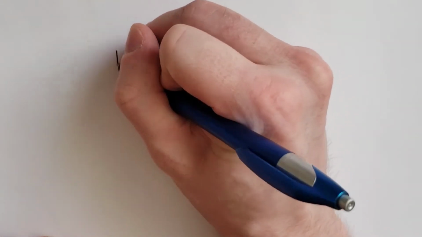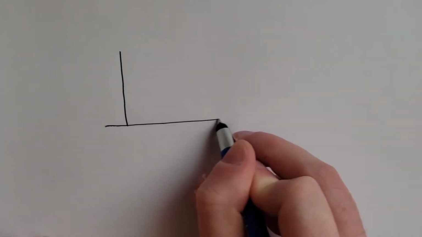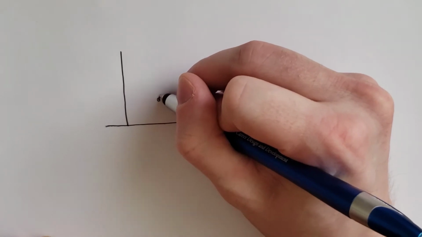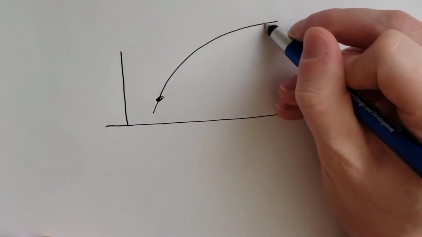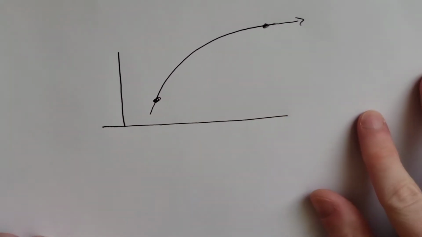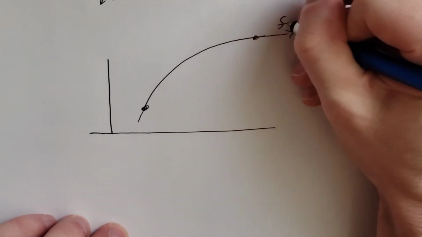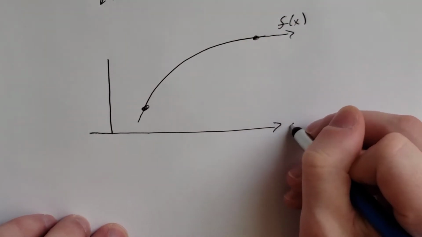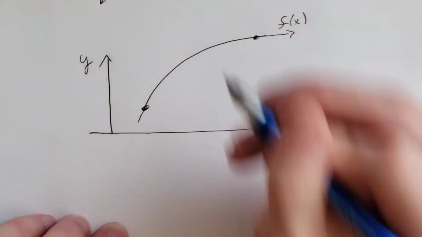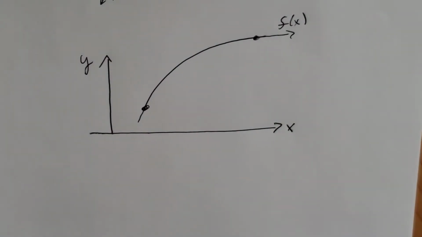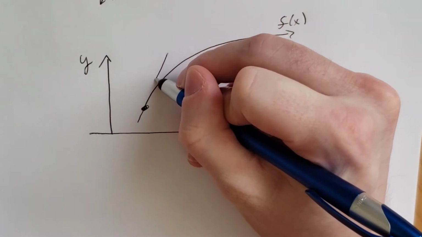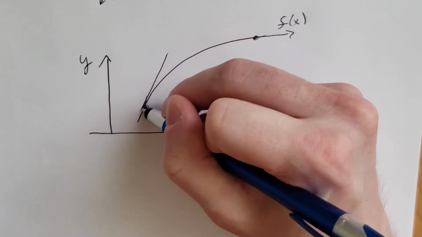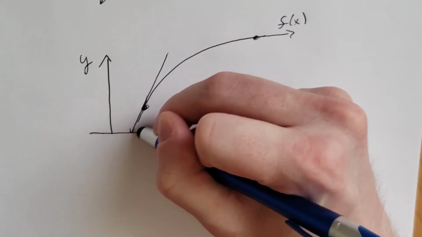Okay, so now let's draw another picture. We're going to call this function f of x. We have our x-axis and our y-axis here. Our goal is to find an instantaneous rate of change, or if this is a position function, an instantaneous speed.